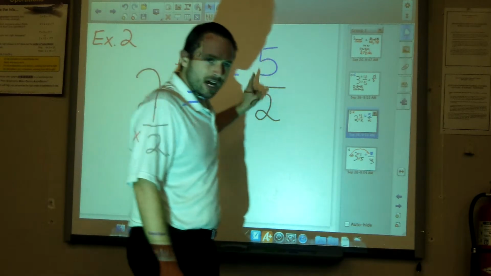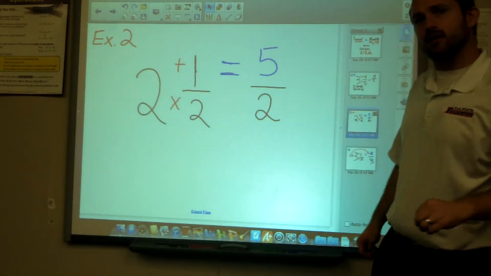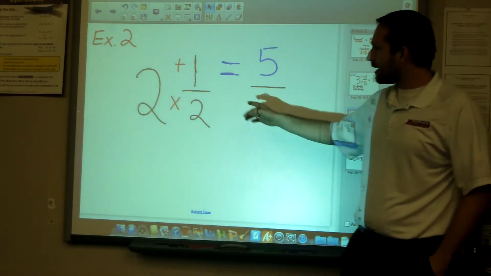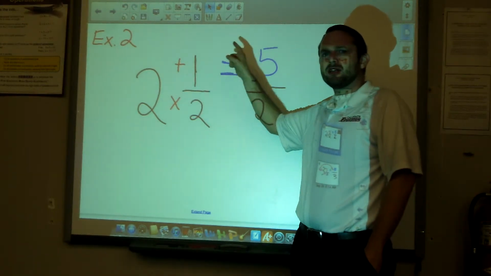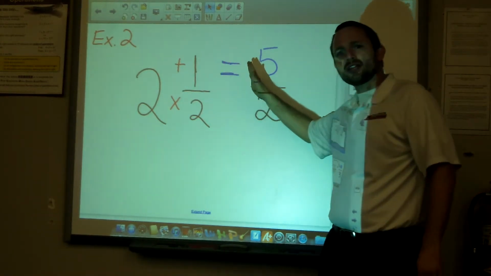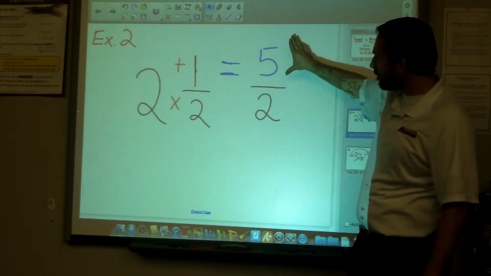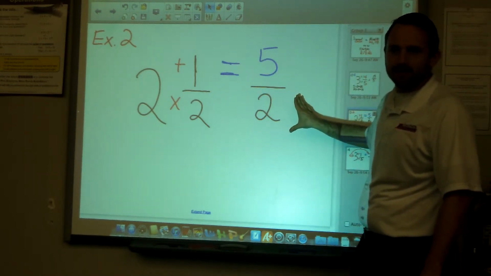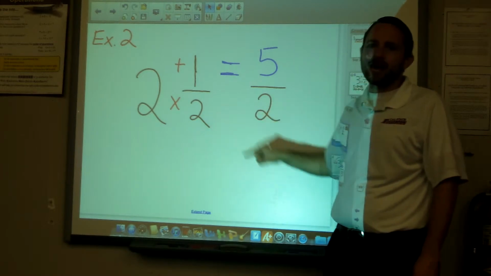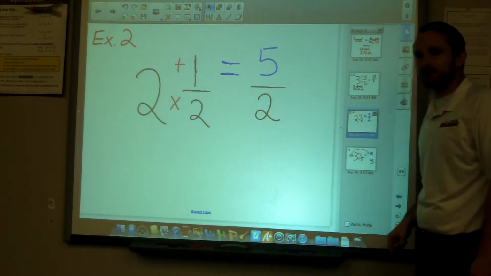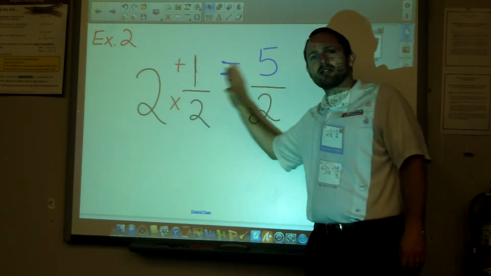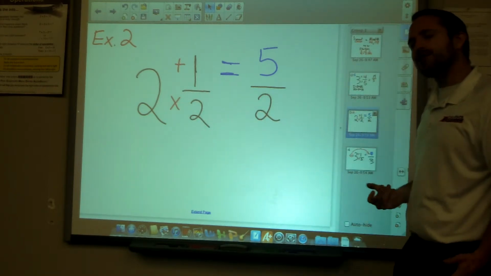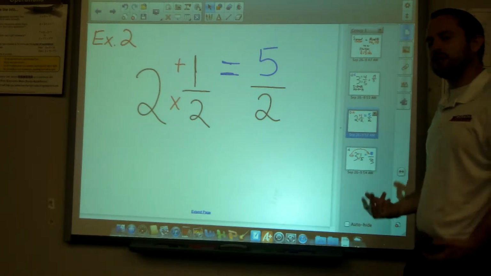So the answer is 5/2. We multiply the denominator to the whole number, and we add the whole number to the numerator. And then we put that all over the denominator, the same denominator you had with the mixed number. And this is how we convert from a mixed number into a fraction. It's how we change. Change means convert.